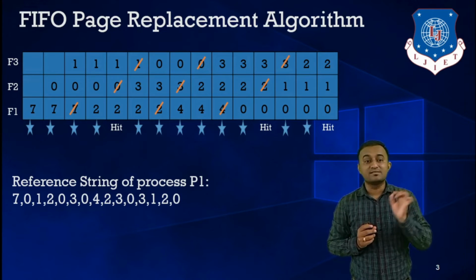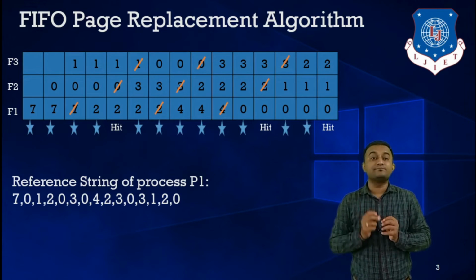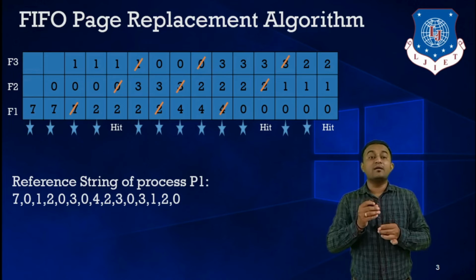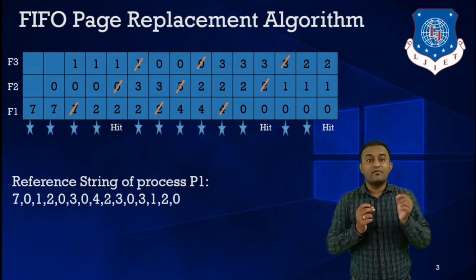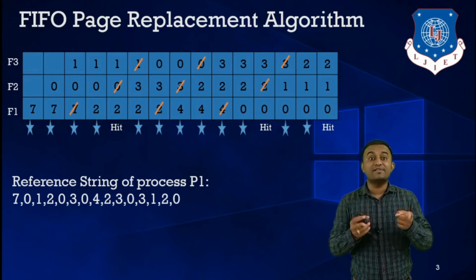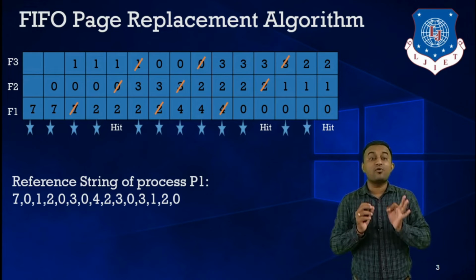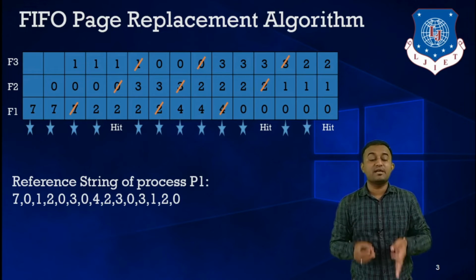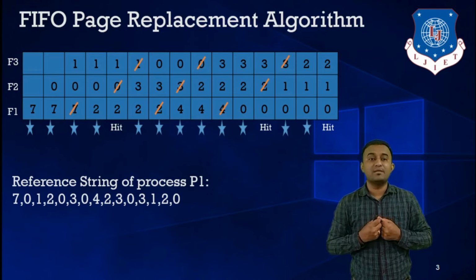So when the CPU demands the 7th page of process 1, we fetch that page from the secondary memory and put it into main memory. It means when the CPU demands a page, we do not have it directly in main memory, but the CPU requires that page for its execution. So what will the operating system do? The operating system takes the responsibility, fetches that page from the secondary memory and puts it into main memory.